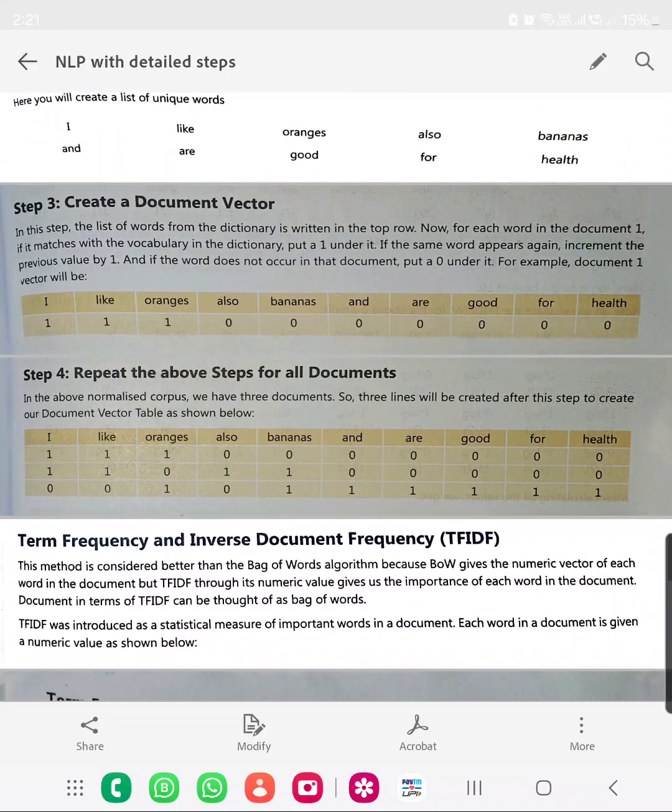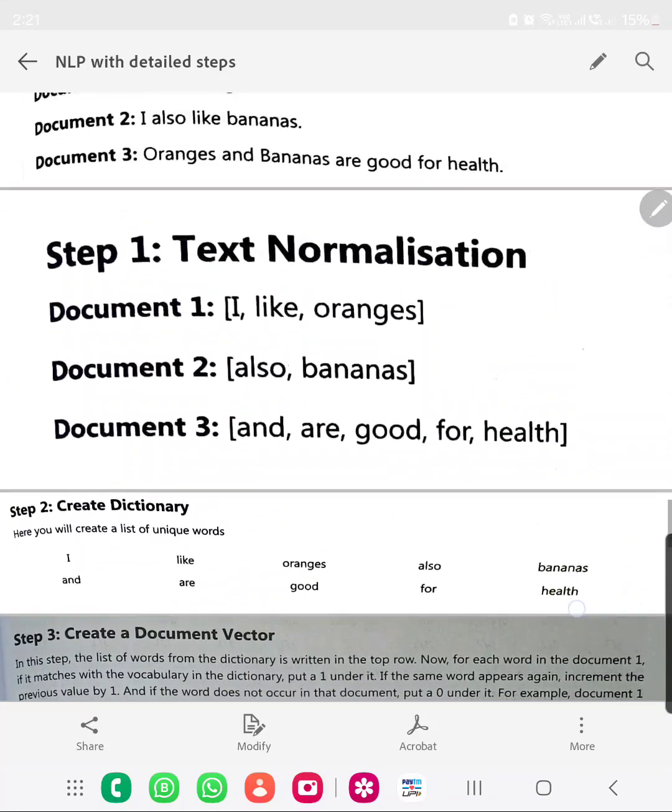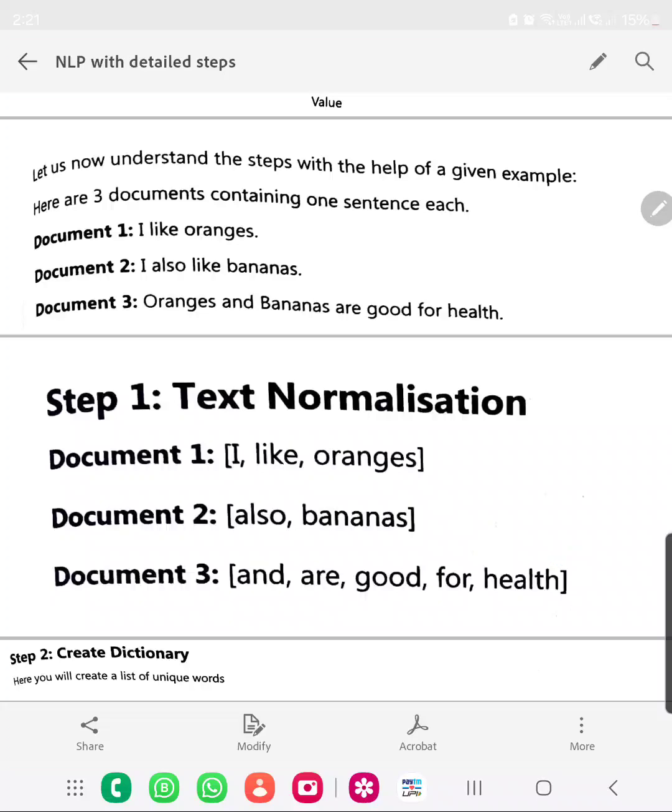So in document 2, I is used one time, also is used one time, and like and bananas are also used one time. These are 1 in frequency, and the rest are 0 because the other words are not used. Alright, then we move to the third document, which is oranges and bananas are good for health.